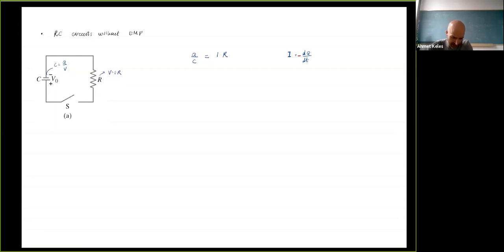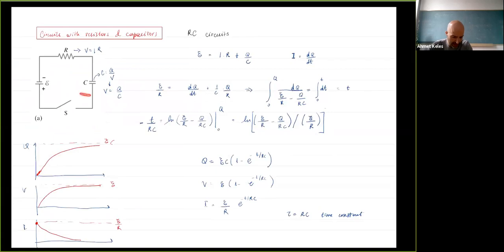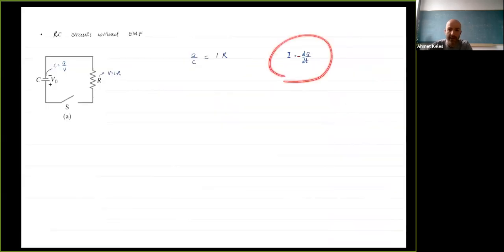The reason for this minus sign is that here the capacitor is losing the charge, so it's a decreasing charge, whereas here it was charging, so it was increasing charge. When something is increasing, its derivative is positive, and when something is decreasing, its derivative is negative. So you have to compensate for this extra negative here. That's your definition. So let's write this.